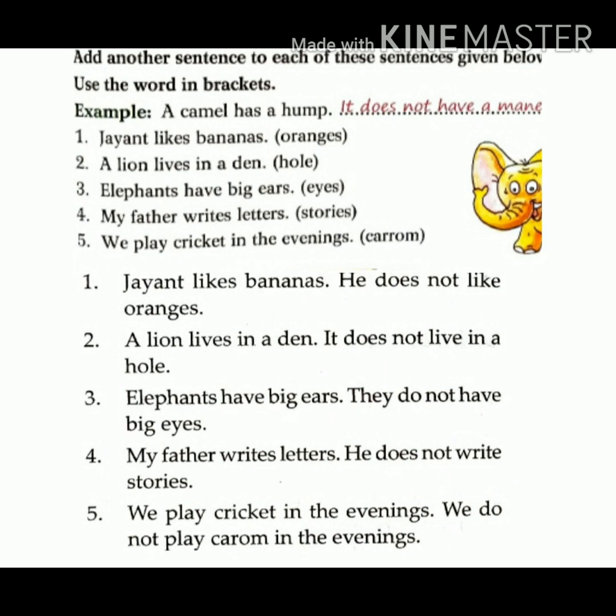So you can do like that: My father writes letters. He does not write stories. Fifth one, we play cricket in the evenings. In the bracket you have carom here. So you have to write down: We play cricket in the evenings. We do not play carom in the evenings.